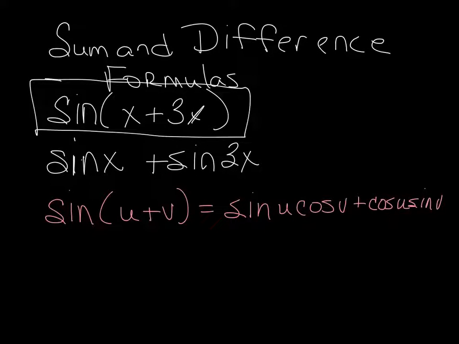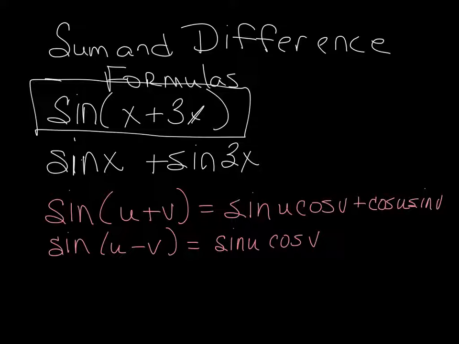Move that over a little bit so you can see it. If we have the sine of u minus v, that becomes the sine of u cosine v minus cosine u sine of v. And yes, you do need to know these formulas.